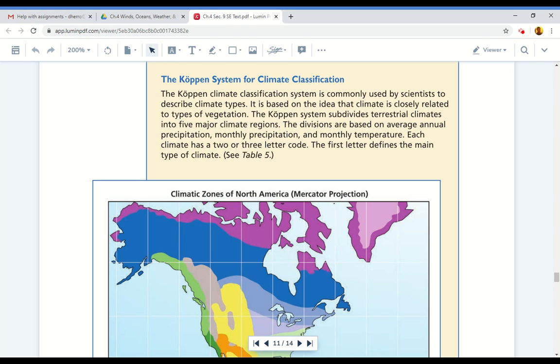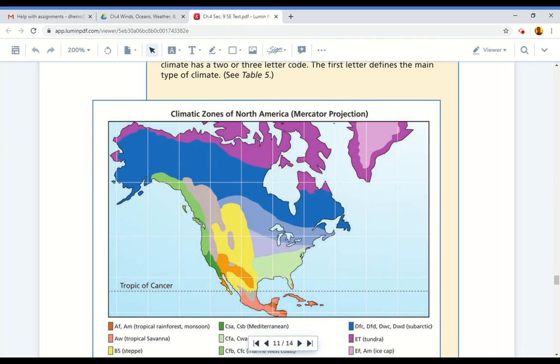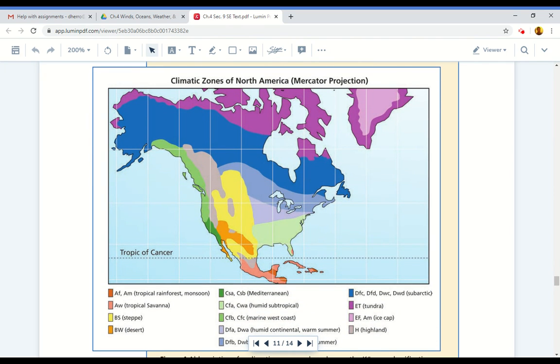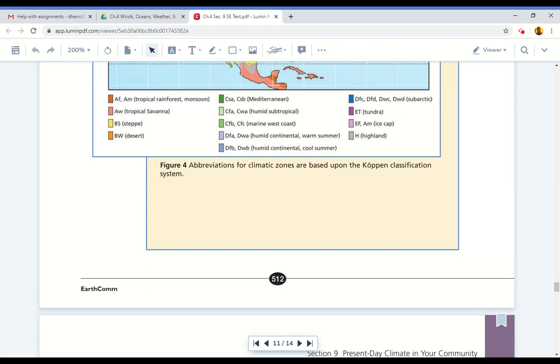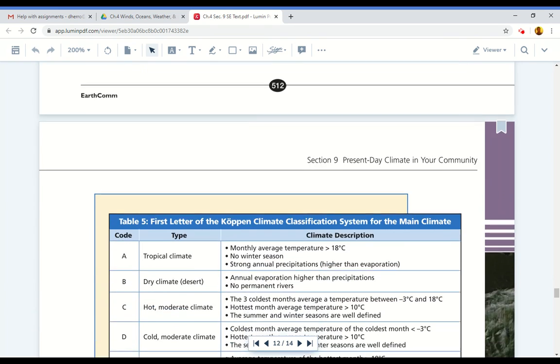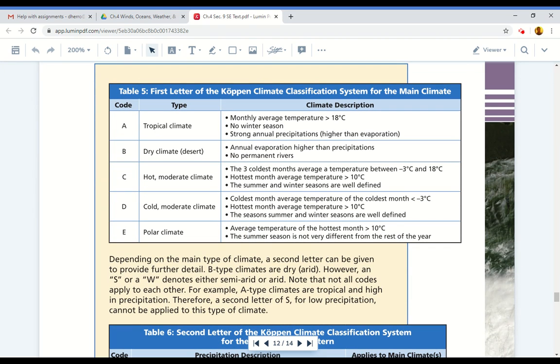Each climate has a 2 or 3 letter code. The first letter defines the main type of climate. Depending on the main type of climate, a second letter can be given to provide further detail.